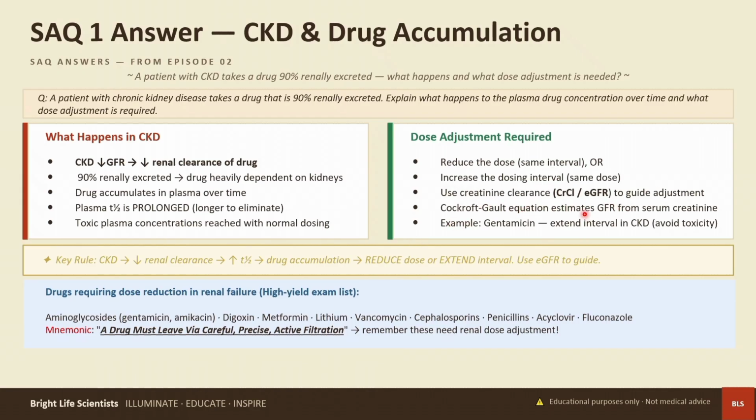For gentamicin, for example, we extend the interval in chronic kidney disease to avoid the drug reaching ototoxic or nephrotoxic levels. High yield list for the exam: aminoglycosides, digoxin, metformin, lithium, vancomycin, cephalosporins, penicillins, acyclovir, and fluconazole.